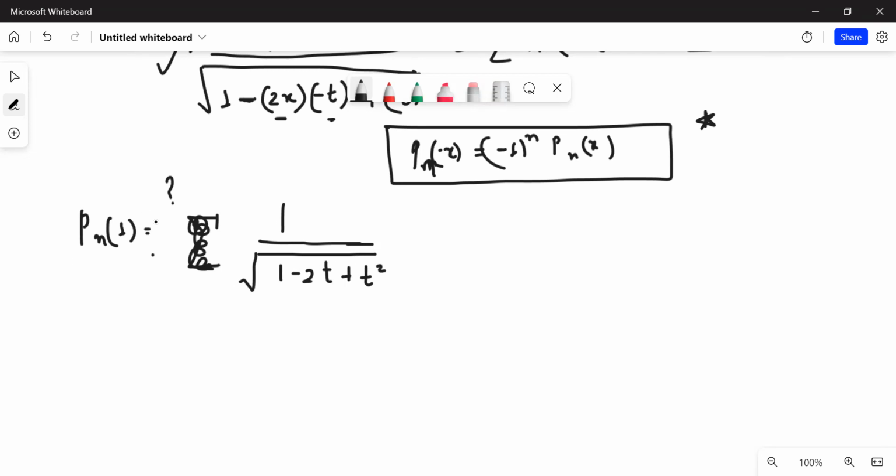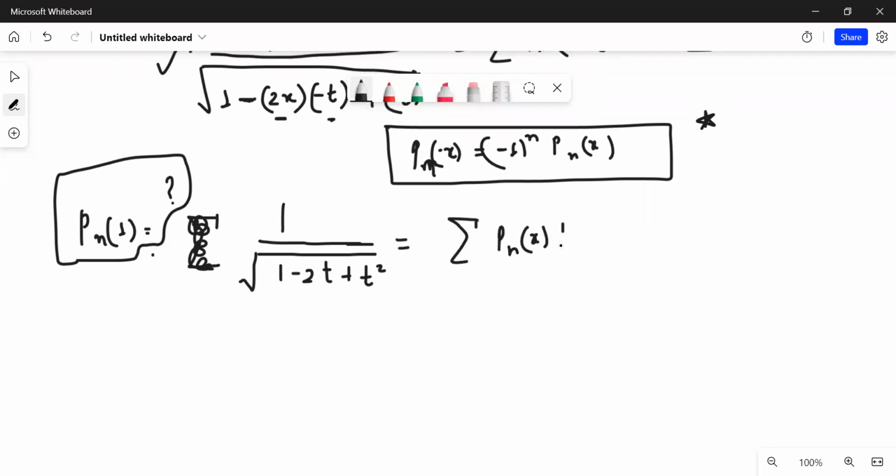Okay. So if I want to find Pn(1), I'll simply replace x by 1, and this will give me summation Pn(x) t raised to power n from n equal to 0 to infinity, and instead of x you have 1 here. So this is Pn(1) t raised to power n. And what is this?